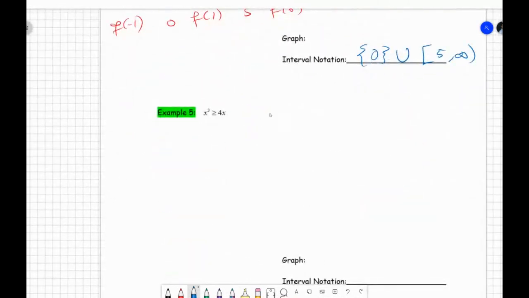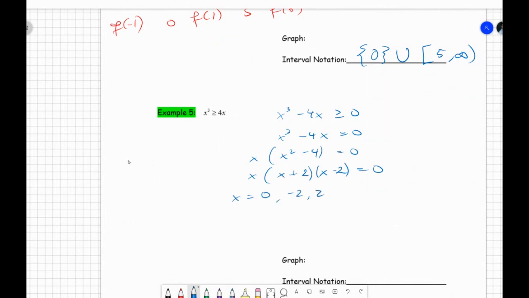Okay, last one. Okay, so this time I have 4 intervals that I need to check.